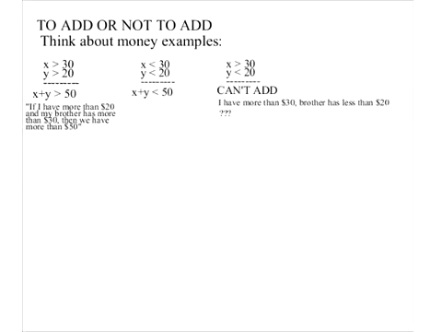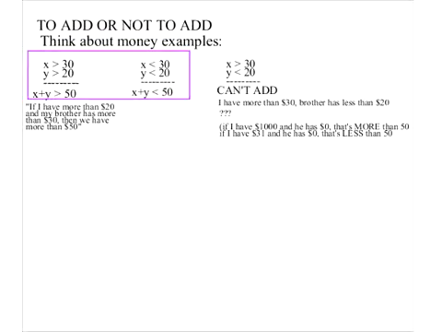Like if I have $1,000 and he has nothing, then that's more than 50. If I have 31 and he has nothing, that's less than 50. So these work. You can add two of the same inequality.